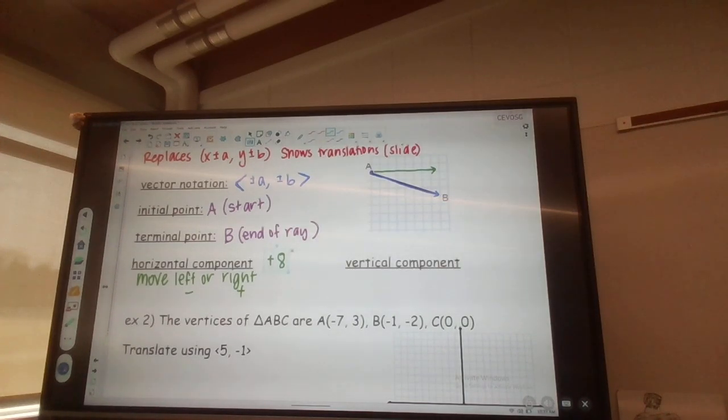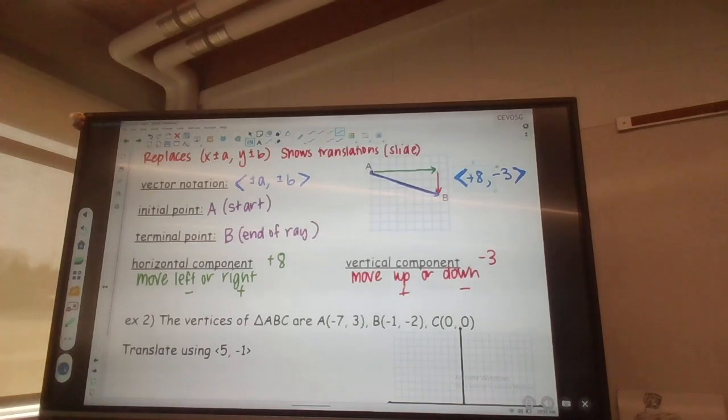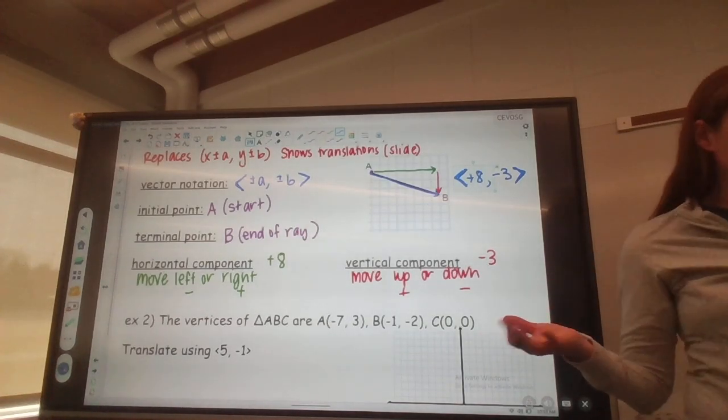I move to the right 8. And then my vertical component in this case is going down. So this one would be a -3 in the vertical component. So the way we would write this vector is we'd say it's a +8 and then a -3. So that's considered our vector notation. So it's another way to do what we did yesterday.